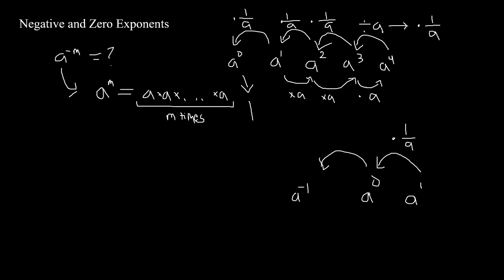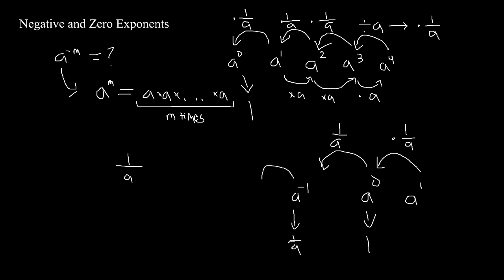It wouldn't make sense for the pattern to suddenly break, right? I think we should continue the pattern because math is all about patterns. So what if we divide by a again? Well, we just said a to the 0 is just 1. So what's 1 divided by a? Well, 1 over a.